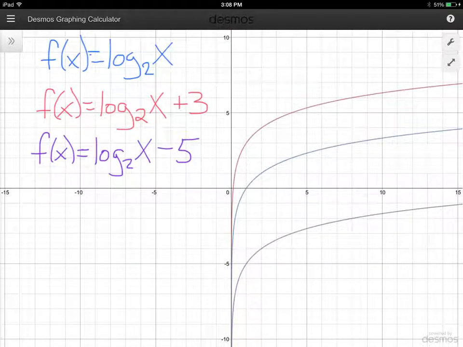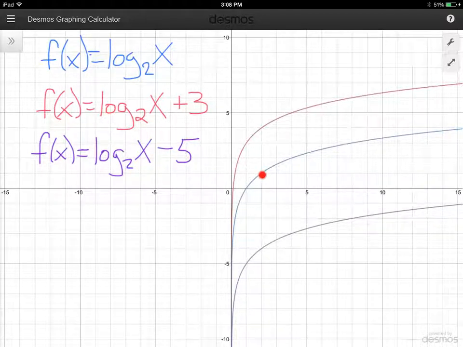Again, the blue curve represents log base 2 of x, and just like any other function, if we add or subtract numbers to the outside, and so we're not adding it in here with x, we'll do that later, it will move the curve up or down. So this red one represents the function log base 2 of x plus 3.